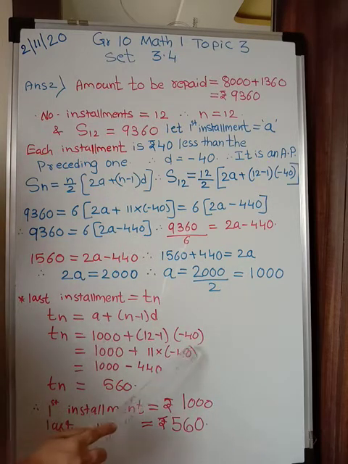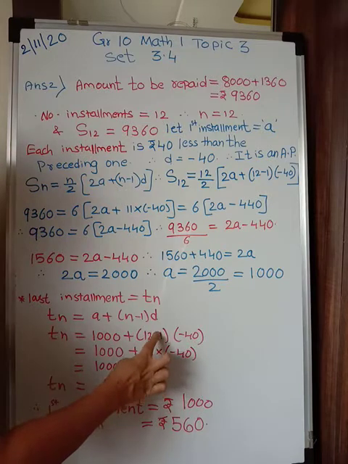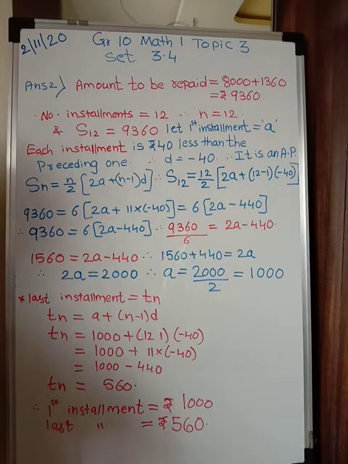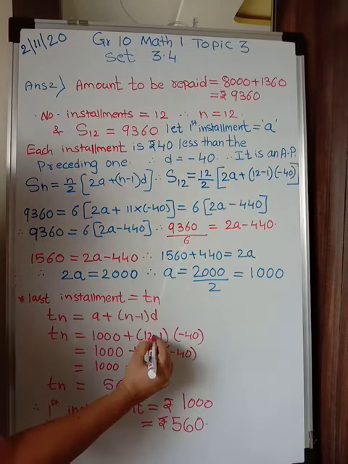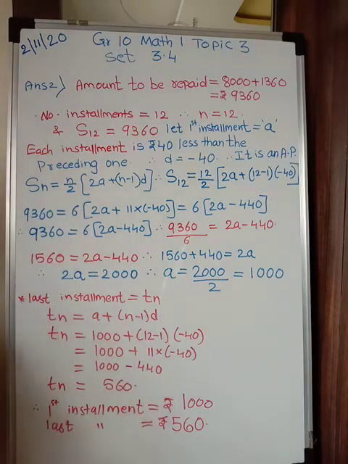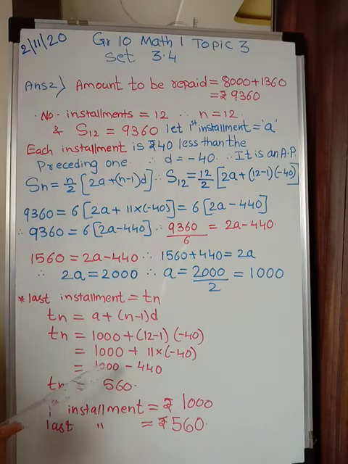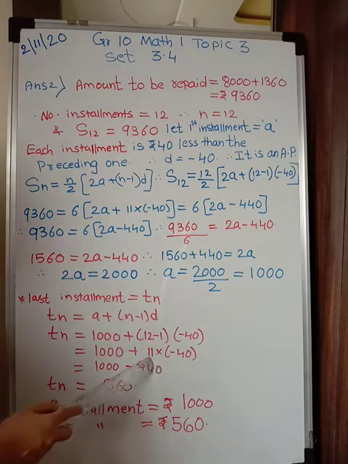Okay, so we are substituting all the values. 1000 plus 12 minus 1 is 11 into minus 40, and therefore 1000 minus, this product is 440, which comes out to be 560.